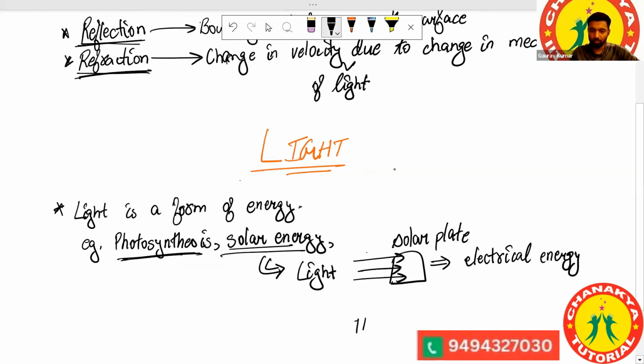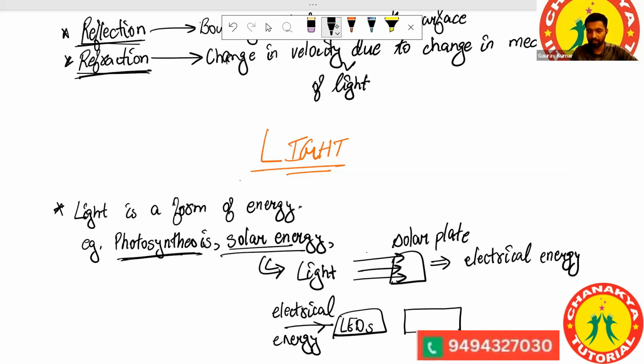Take the example of LEDs. What happens in an LED when we give electrical energy to it?